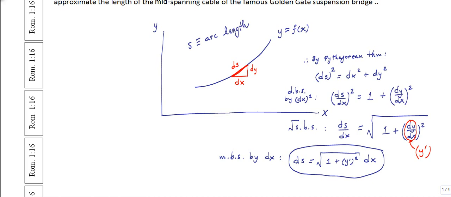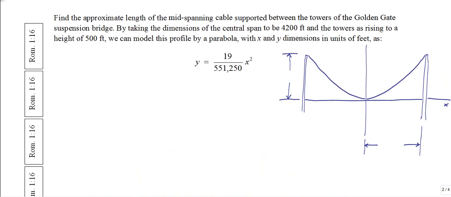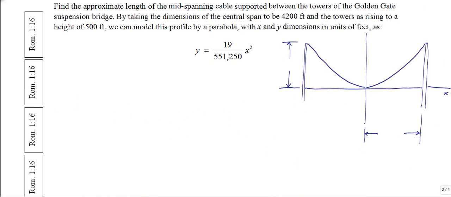Let's go ahead and apply that to the problem that I mentioned about the Golden Gate Bridge. Here is the problem statement. It says that we are to find the approximate length of the mid-spanning cable that's being supported between the towers of the Golden Gate Suspension Bridge. We will say the central span is 4,200 feet.